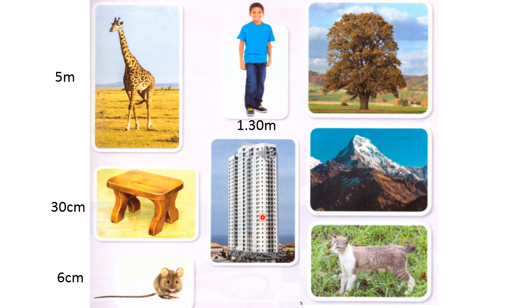A tall building could be about 90 meters. This tree could be 15 meters. This mountain 1,000 meters. And this cat 30 centimeters. Did you use meters and centimeters too, like me? If you did, good job.